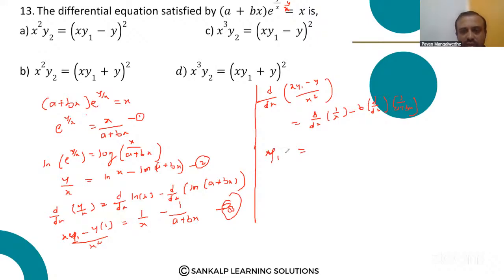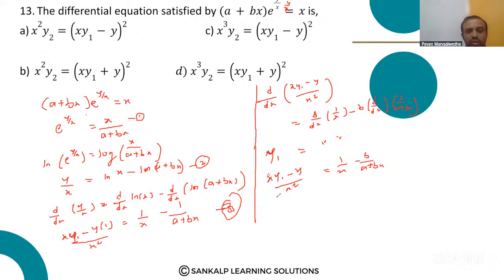You can treat this as y1, and again take the differentiation of y1. It will be given by xy1 minus y by x square equals 1 by x minus b of a plus bx, cross multiply this.